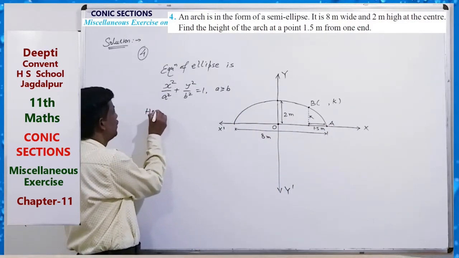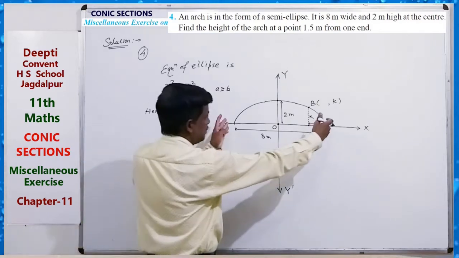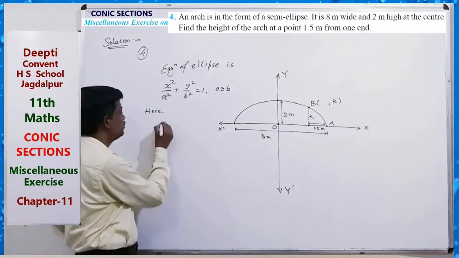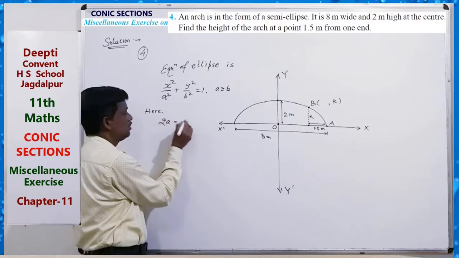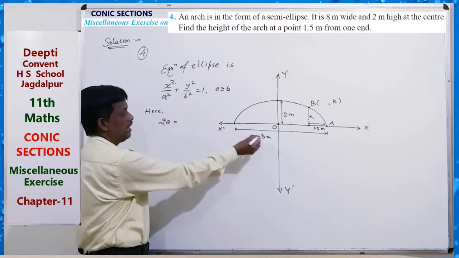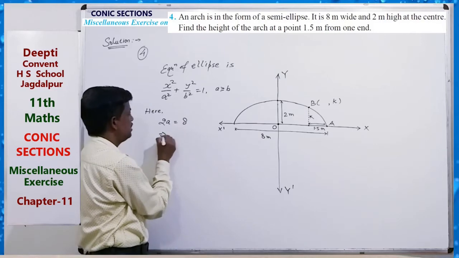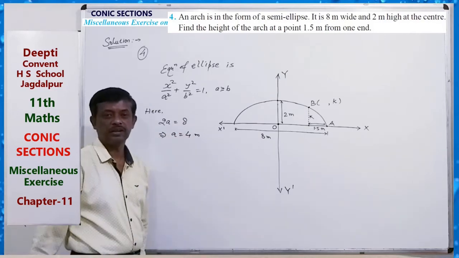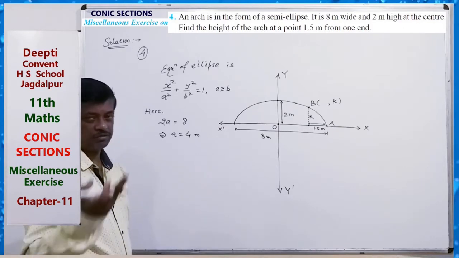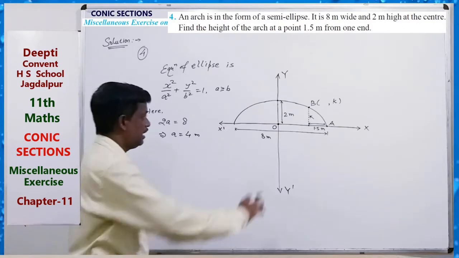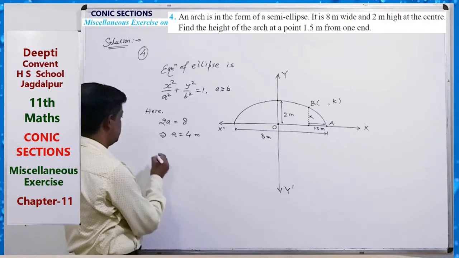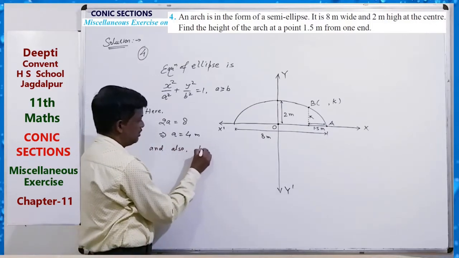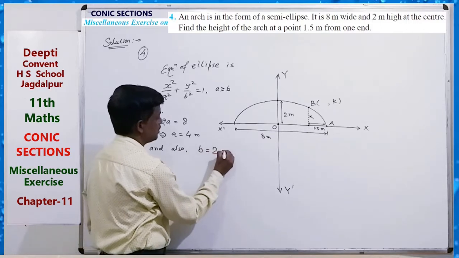Here, length of major axis for this ellipse 2a equals to 8 meter, which implies a equals to 4 meter. And this is b, and also b equals to 2 meter.